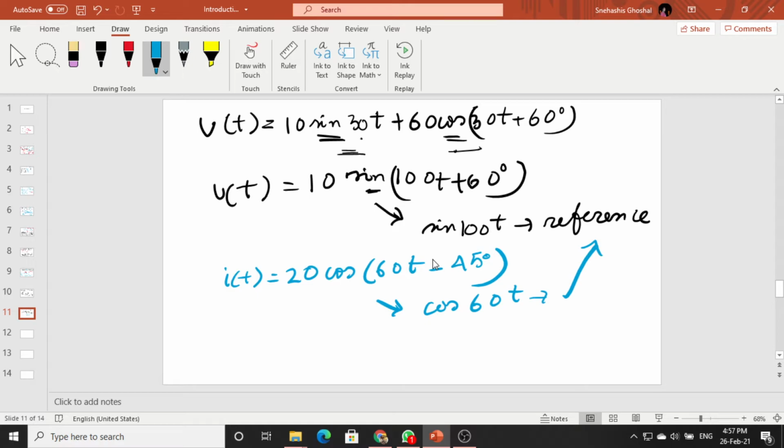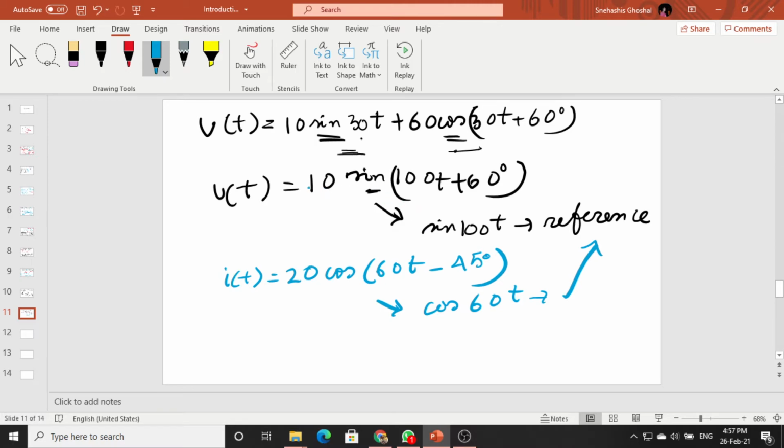Okay. Next, it depends on what is given to you, and you have to take the reference based on that. In case of sine, you have to take the sine form as reference and analyze in comparison to it.